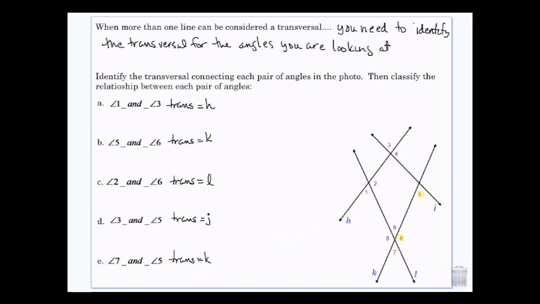Okay, so now that I know where the transversal is, that also lets me know which 2 lines I'm talking about for the interiors and exteriors. So here we said H was our transversal, so that makes J and L my 2 lines. And if I look at angle 1 and angle 3, they're outside the 2 lines on opposite sides of the transversal, so that makes them alternate exterior.